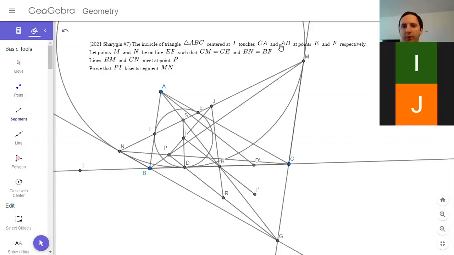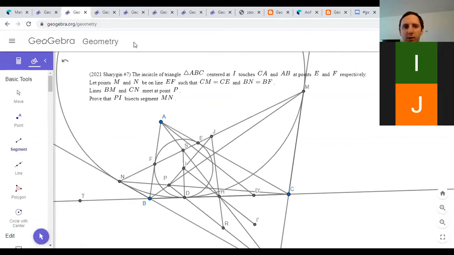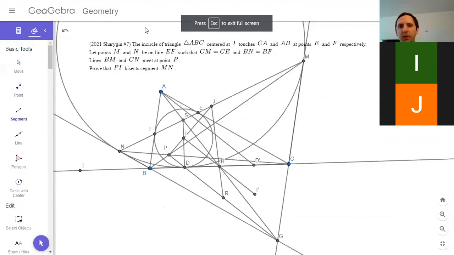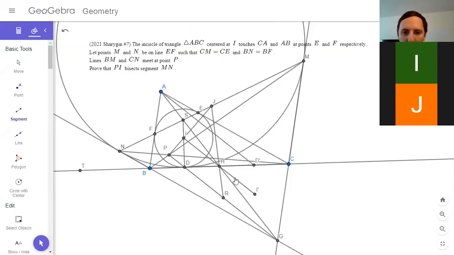Let me go back to the chat. Oh, 2I prime H is GB. Yeah, that makes more sense. Yeah, IH passes through the midpoint of AB.